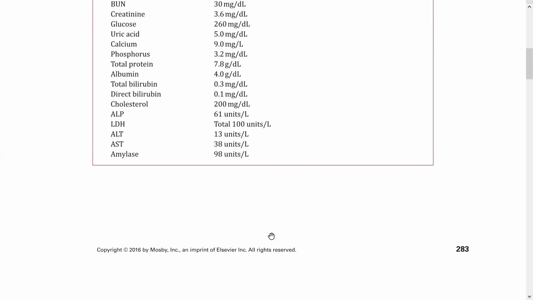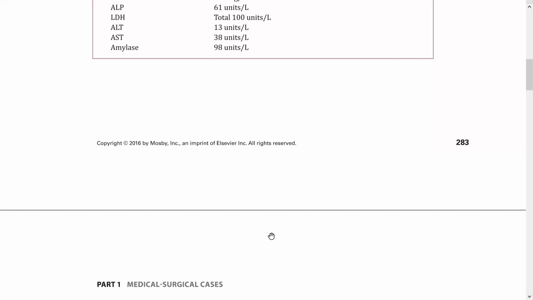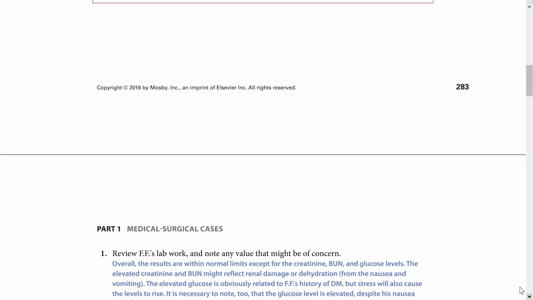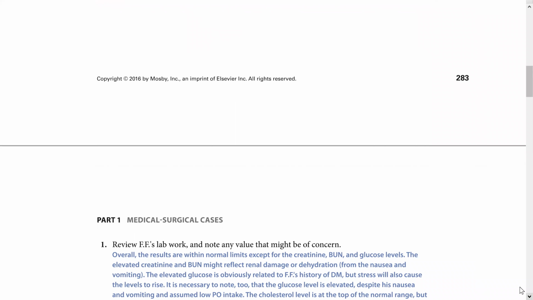All right. And the glucose levels. The elevated creatinine and BUN can reflect renal damage or dehydration from the nausea and the vomiting. The glucose is obviously related to their history, but the stress will also cause the levels to rise, so we're not really sure which one's working here.